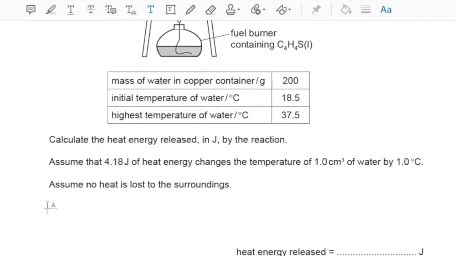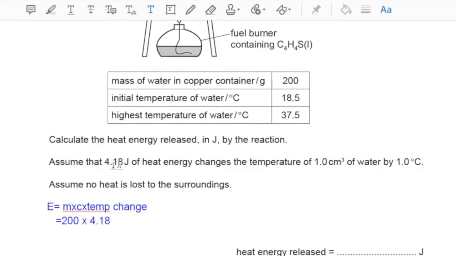Okay, so the equation is energy equals mass multiplied by specific heat capacity of water multiplied by the temperature change. Over here, mass has been given to us, which is 200 grams. We need not convert grams into kilograms, so we will just write 200. The specific heat capacity is 4.18.